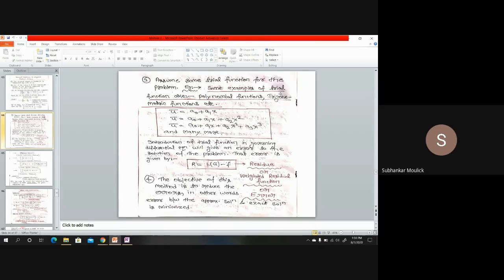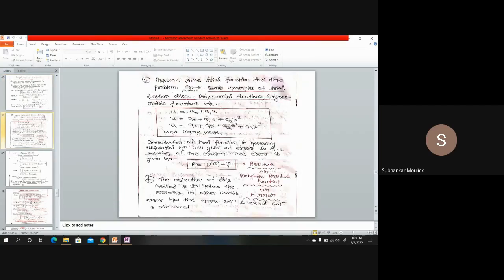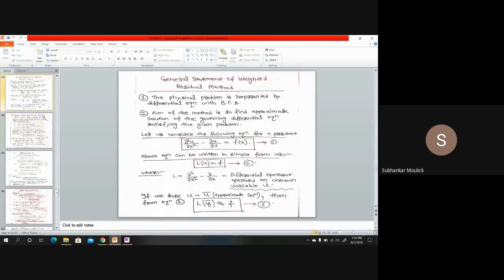It can be a trigonometric function also. Normally, we choose polynomial approximation function. Why? Because polynomial approximation functions are easy to differentiate and integrate rather than trigonometric approximation function. But if in the question it has been given to you that solve the problem by taking suitable trigonometric approximation function, then you have to take the trigonometric function, or else you can take polynomial approximation function. Is the step clear?